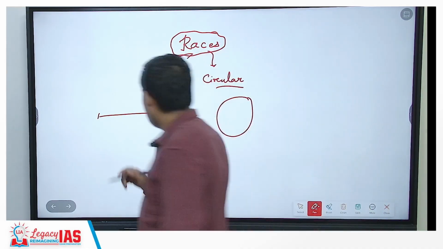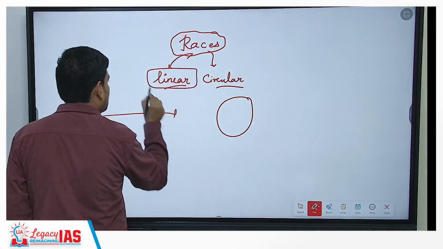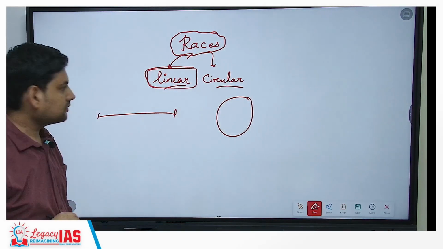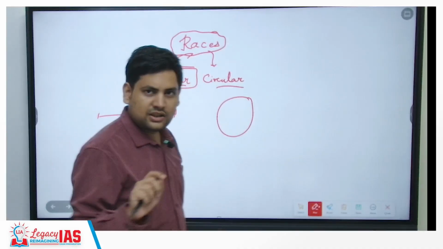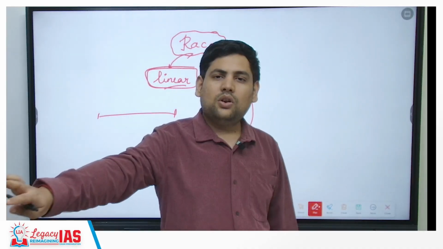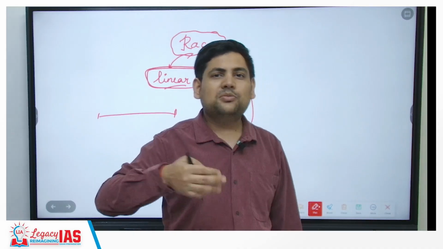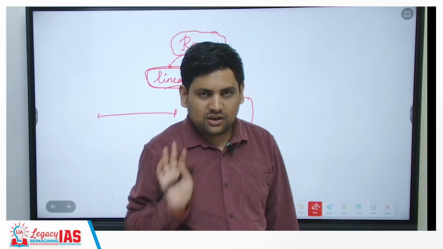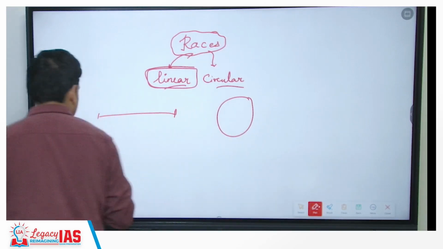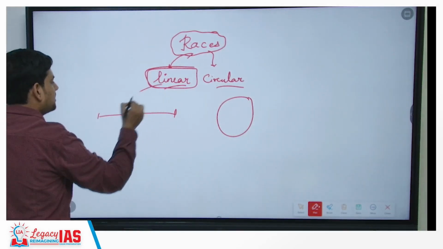Now our topic for today is only linear races. In a 100-meter race, all of them have to go. By how much distance one person wins, by how much time one person wins, this you understand. Now there are two terms that are important here.